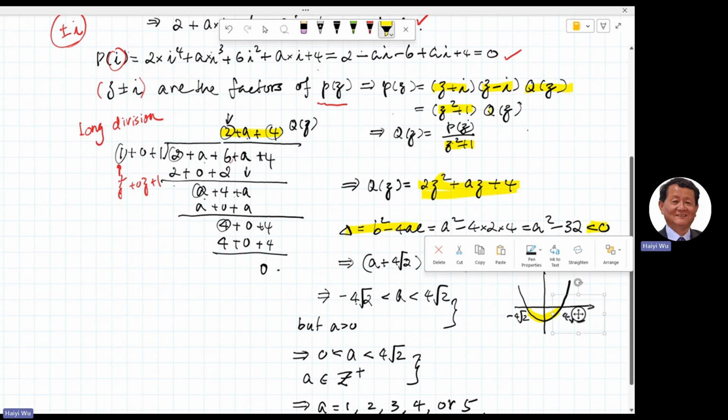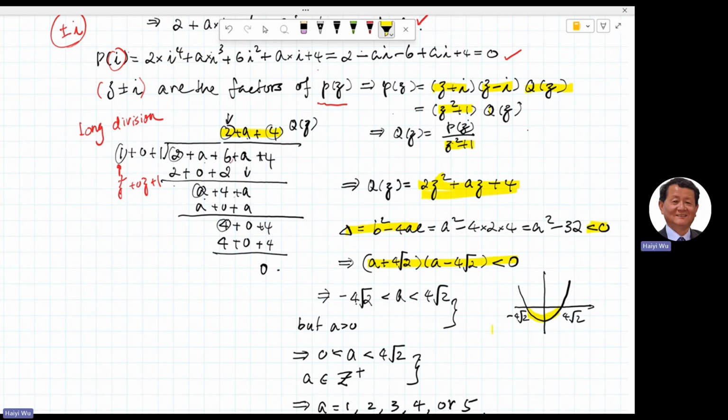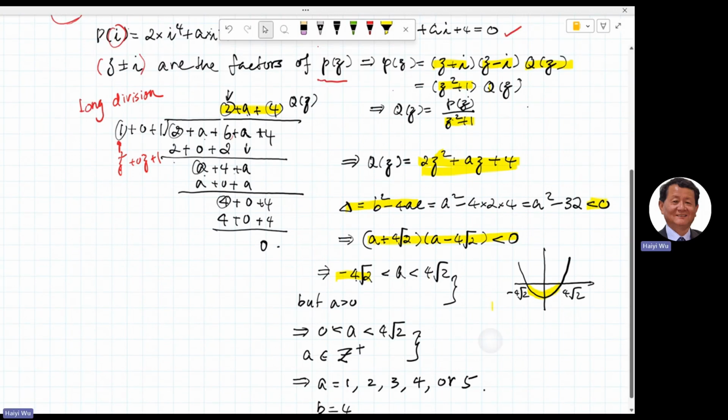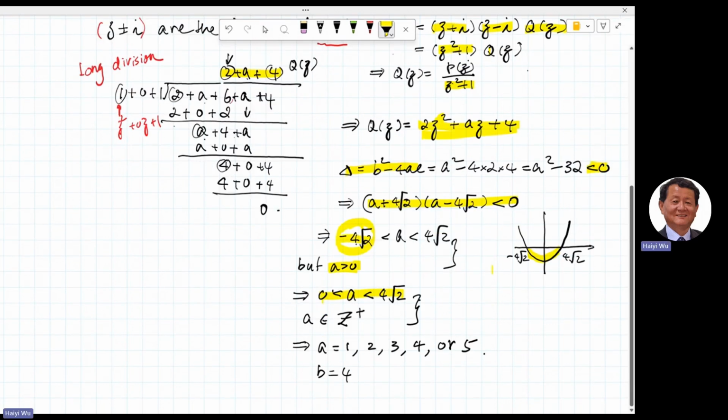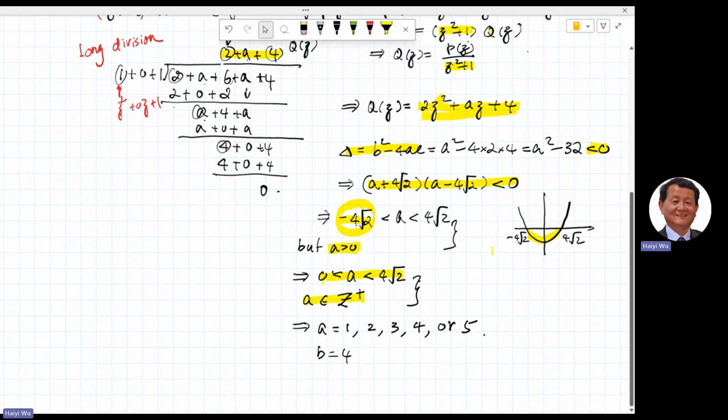We factorize, and remember if it's less than 0, a must be between negative 4 square root 2 and positive 4 square root 2. However, we know a must be positive, so we exclude the negative part. We need all the positive integers between 0 and 4 square root 2, so the values are 1, 2, 3, 4 and 5. So a can be 5 values and b will be only 1 value.